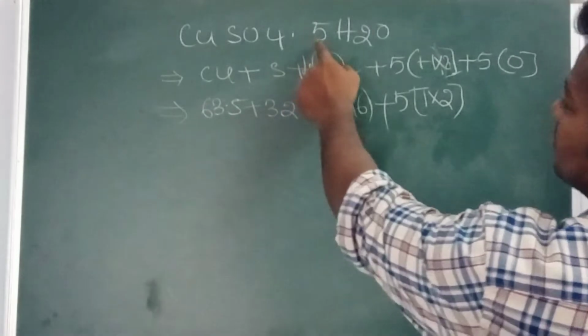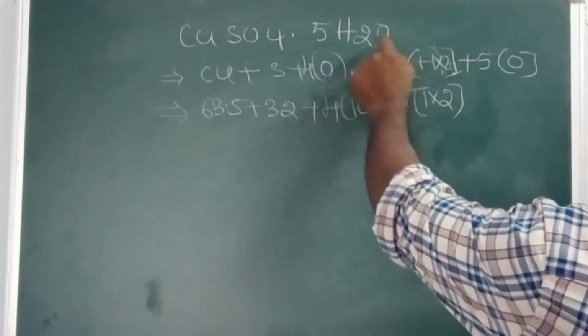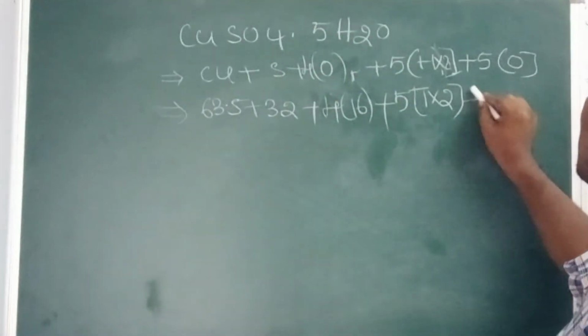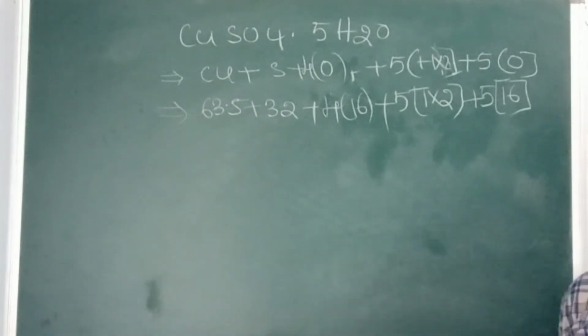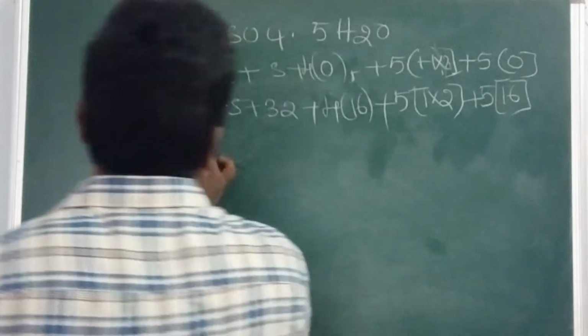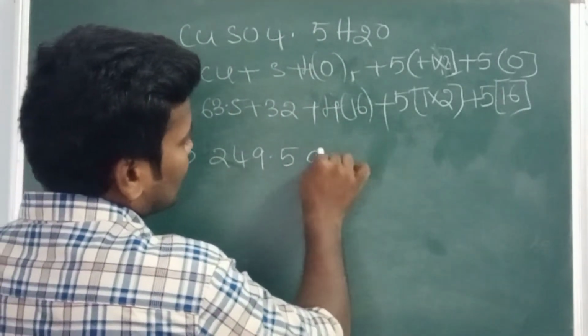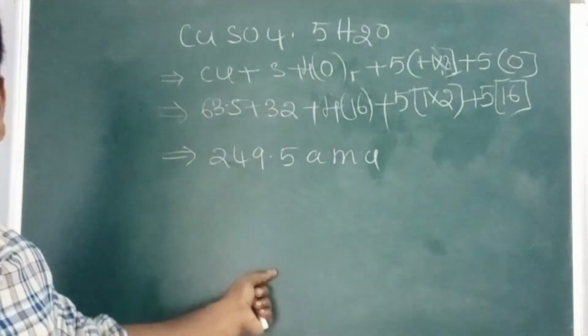Otherwise you can go like this also: 5 twos are 10, so 10 H. Then 5 oxygen, with the same 16. Finally you will get approximately 249.5 AMU. Like this you can calculate the molecular mass.